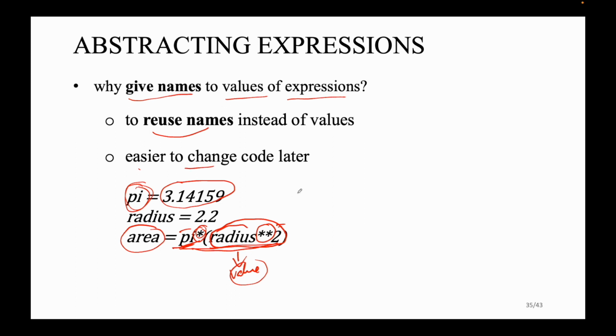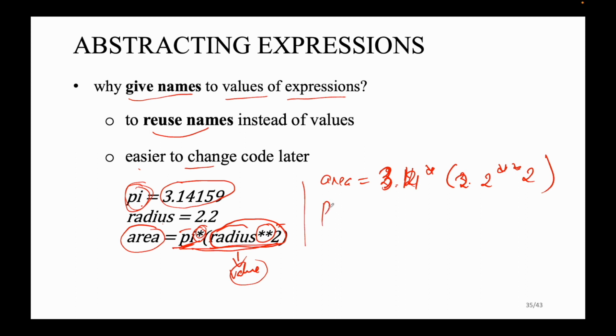For example, if you don't have pi and radius variables, you need to calculate the area of a circle. You will type 2.2 multiply radius, pi, and the radius is 2.2 squared.